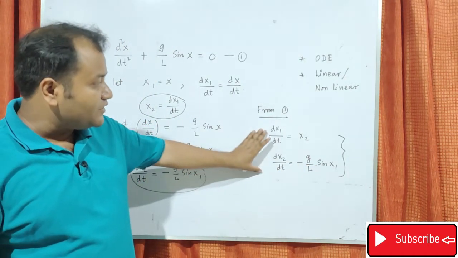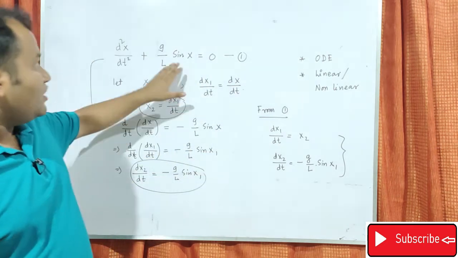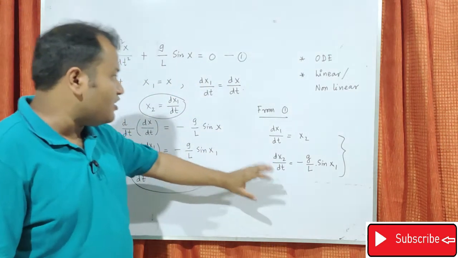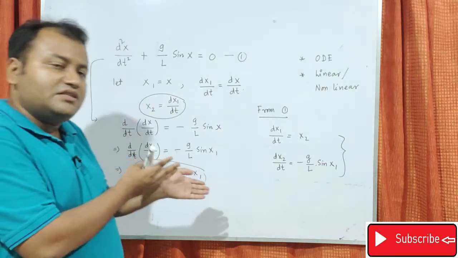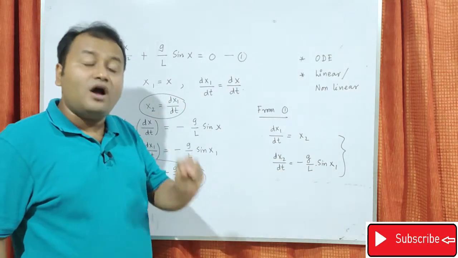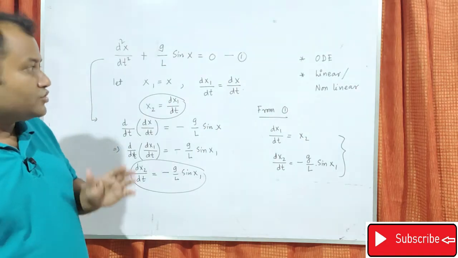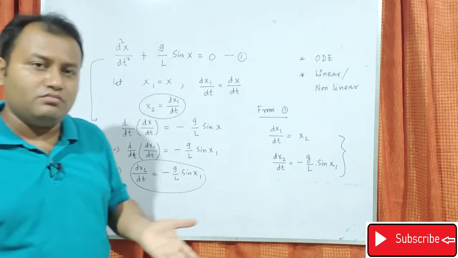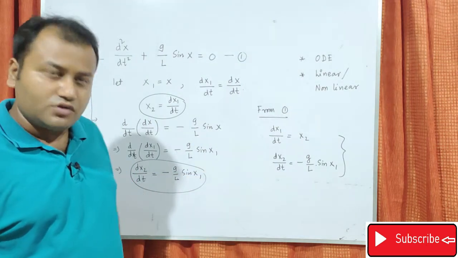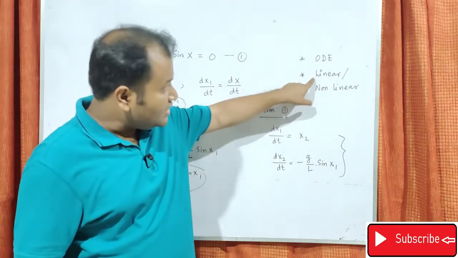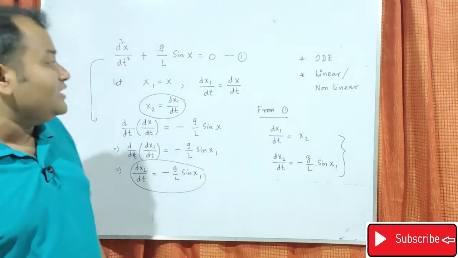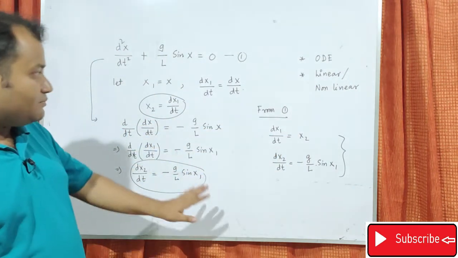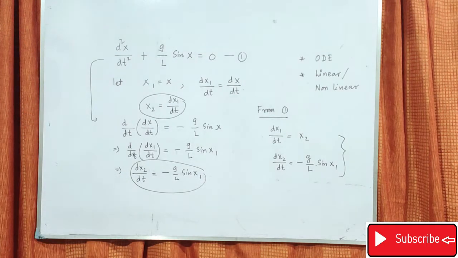This system of equations we can derive from equation number 1. But what is the contrast of this system with the previous system? This system is not a linear system. You need to understand what is ODE, all of you who are appearing for this course, and you need to understand what are linear and nonlinear systems of ODE. Probably with this example we have given you some idea of that.